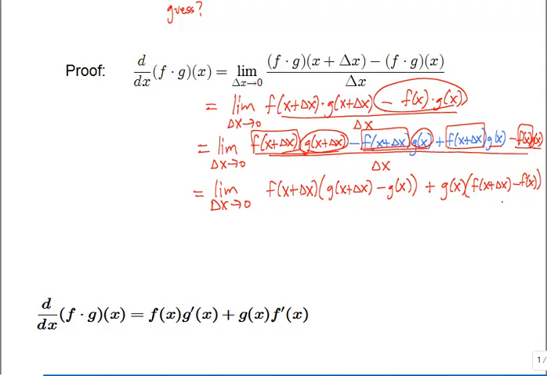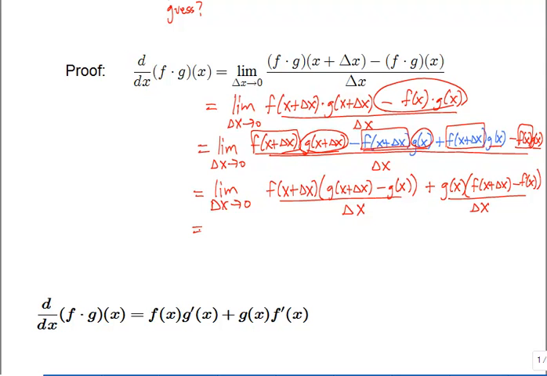Now one more thing that I'm going to do: I'm going to split up this great big fraction which has a denominator of delta x into two fractions. Since they both have the same denominator, this statement right here is exactly equivalent to the statement before it. It's just like saying 2 plus 3 over 4 is the same as 2/4 plus 3/4. That's all I did, I split this up into two separate fractions.